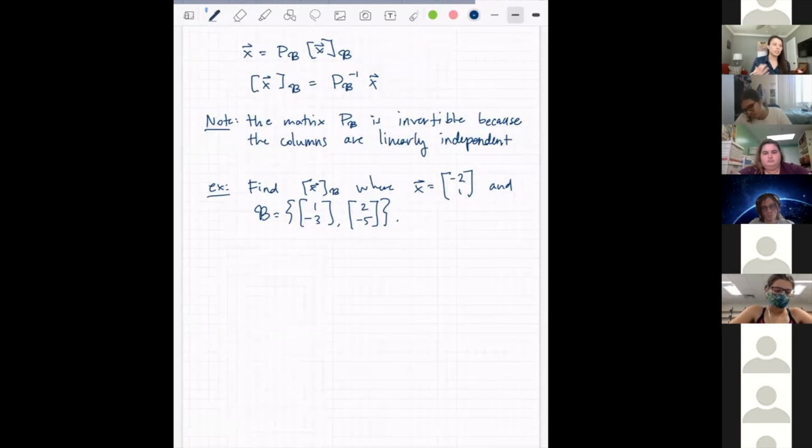We're going to do this using the new change of coordinates matrix. So that will be equal to just the matrix 1, 3, 2, -5, right?